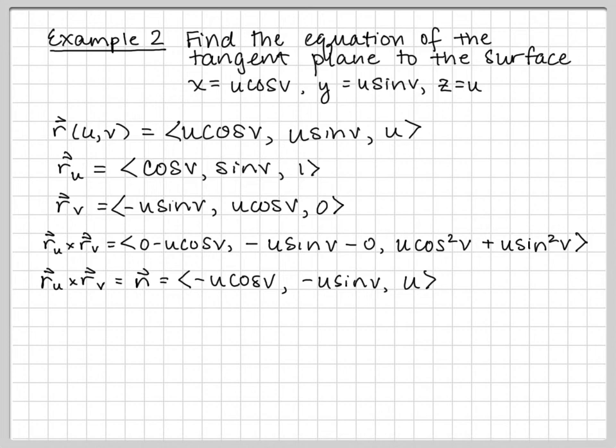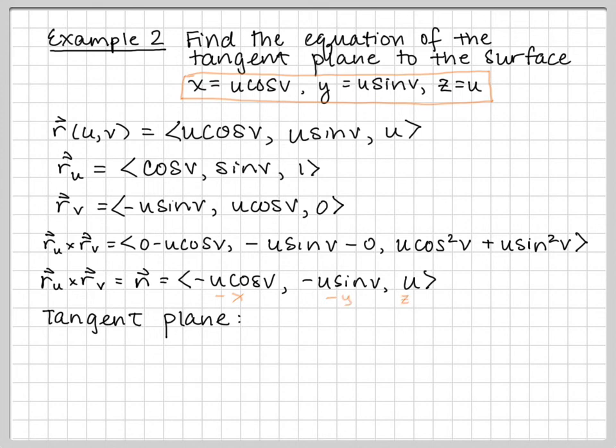And so now we have the equation of our tangent plane, which is the normal vector. Looking at the components of our normal vector and looking back at the original parameterization, this is the negative of x, my first component. This is the negative of y, and this is z.